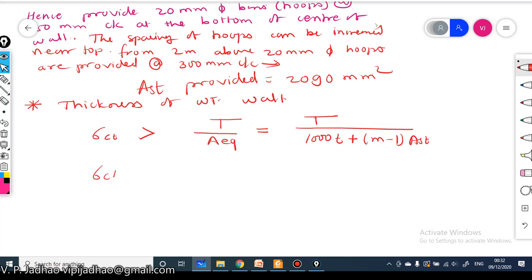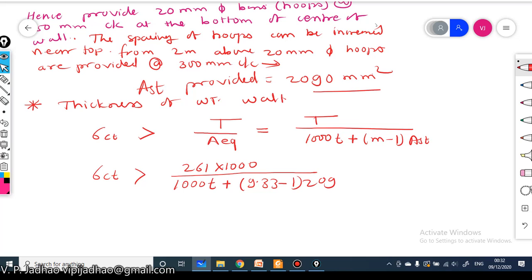So this sigma CT is greater than 261 into 1000 divided by 1000 T plus, we know m already calculated 9.33 minus 1, area of steel we have already calculated 2093.